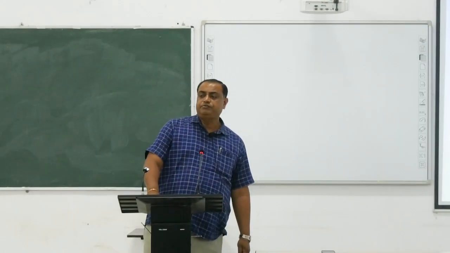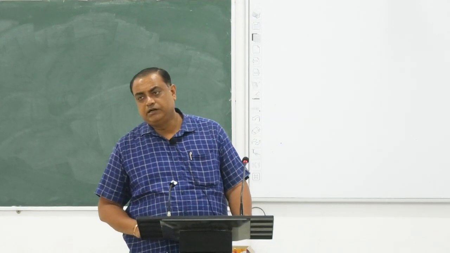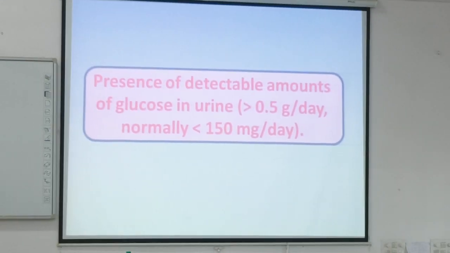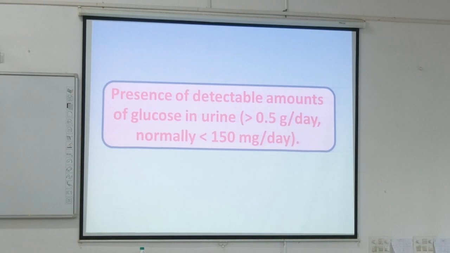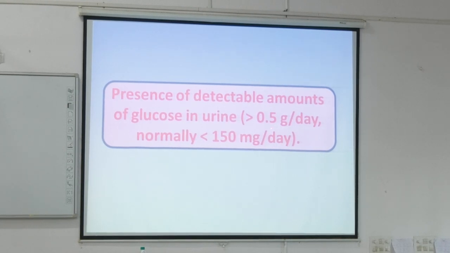How much urine do we produce per day on an average? 1.5 liter. If glucose excretion is more than 500 milligrams per day, then it is called detectable glucosuria or glucosuria.